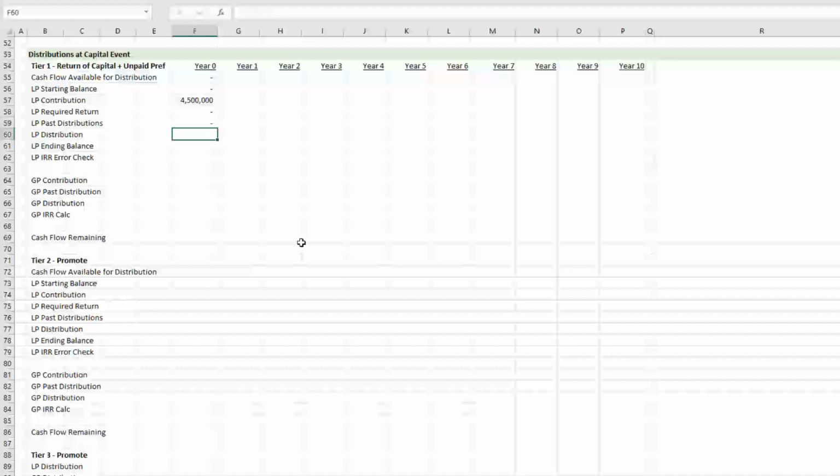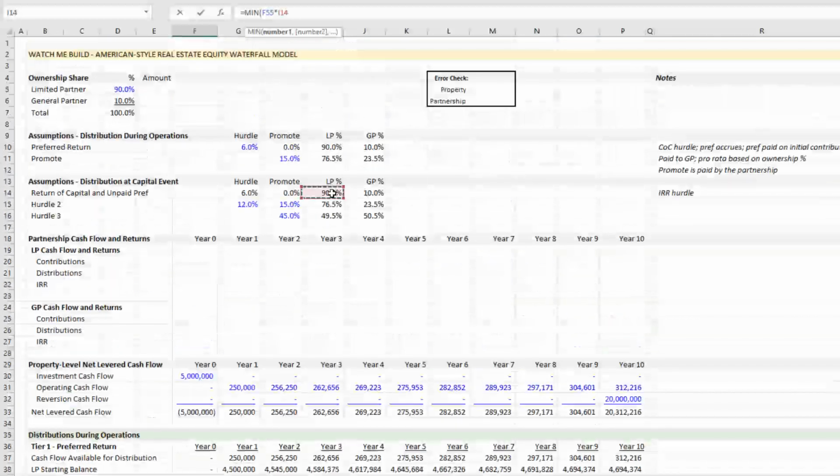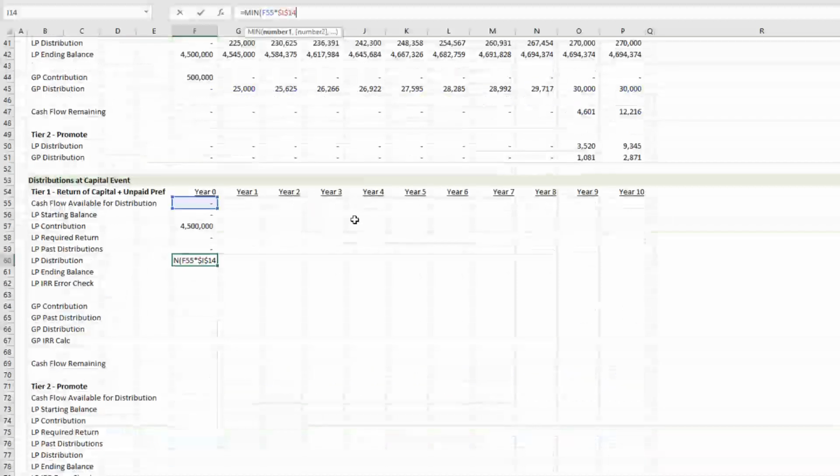And then how much should be distributed to the LP? Well, again, we go equals minimum. So no more than however much is available for distribution multiplied by the LP's distribution percentage in this tier. Hit F4 on that.